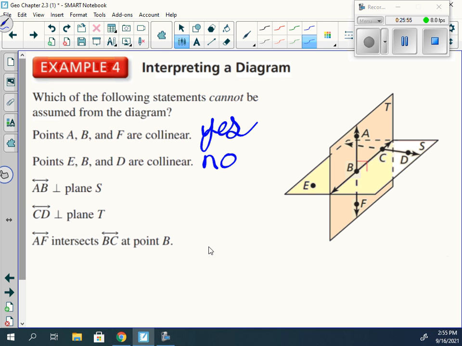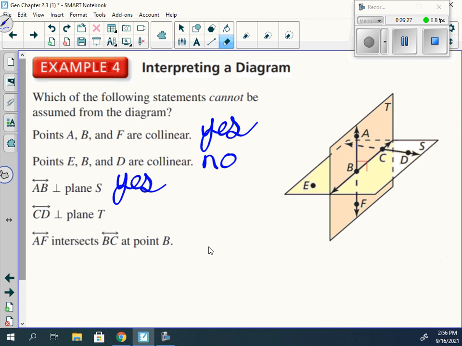Can we say that line AB is perpendicular to plane S? Because they gave us that little box right next to the line, so yes, it means that it's intersecting the plane at a right angle. Because if it intersects the plane at a right angle, then it is perpendicular to the plane. Any questions on the first three?